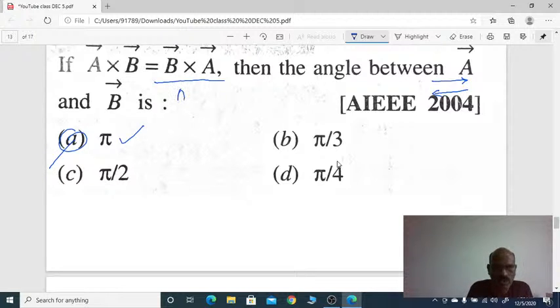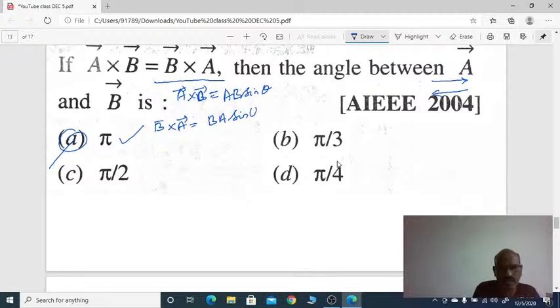Even if you want, A vector cross B vector, we know that it is AB sin theta. And what is B vector cross A vector? B vector cross A vector equals BA sin theta.